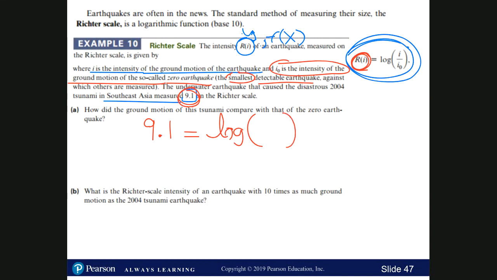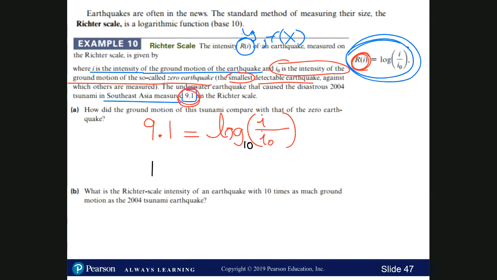in fact, this I and this I sub 0. And remember, if you don't have a base, we use base 10. And I'm actually not sure if I'm doing the correct substitution, but I'm going to try.